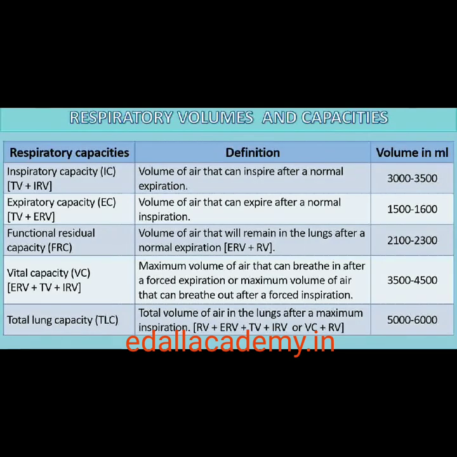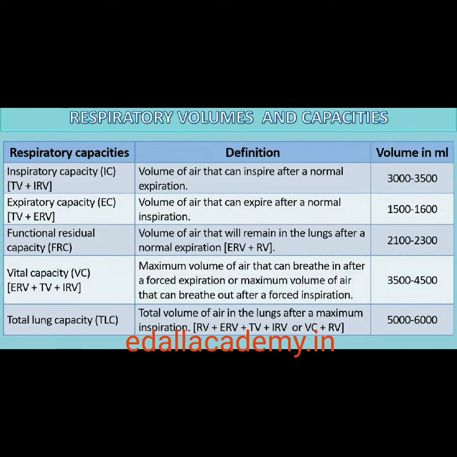Expiratory capacity, EC. Total volume of air a person can expire after a normal inspiration. This includes tidal volume and expiratory reserve volume, TV plus ERV. Functional residual capacity, FRC. Volume of air that will remain in the lungs after a normal expiration. This includes ERV plus RV.